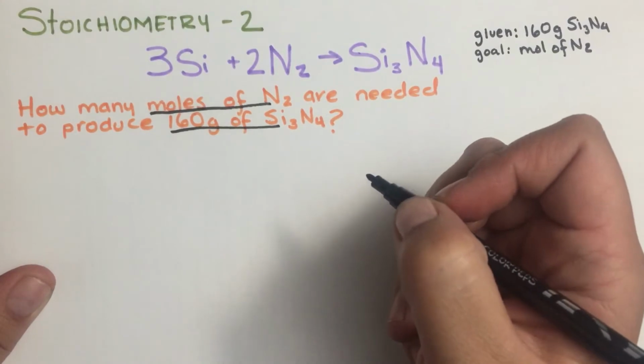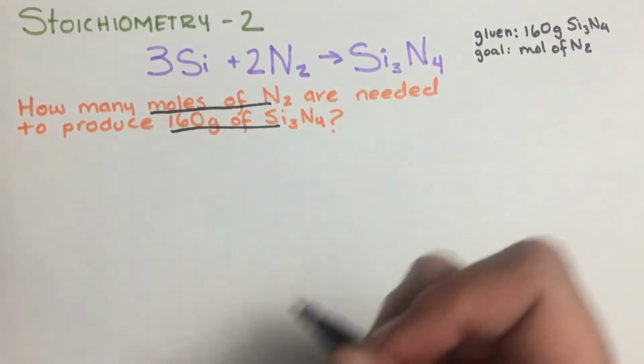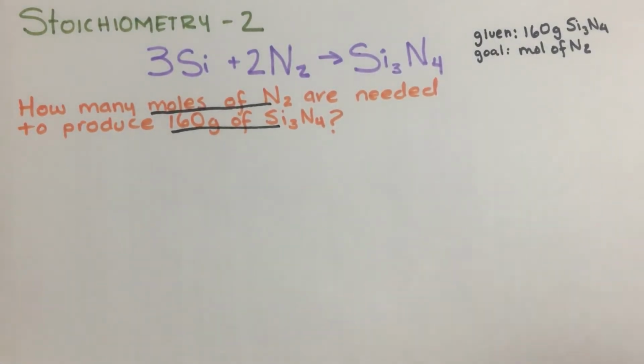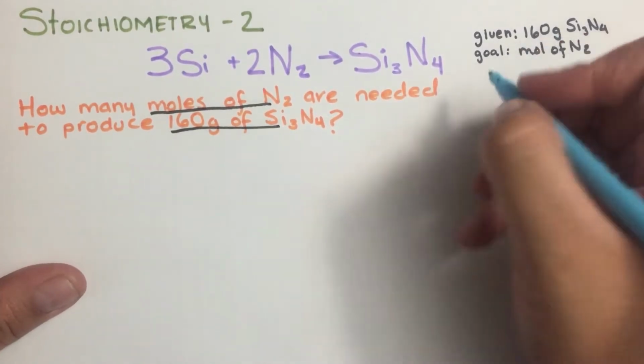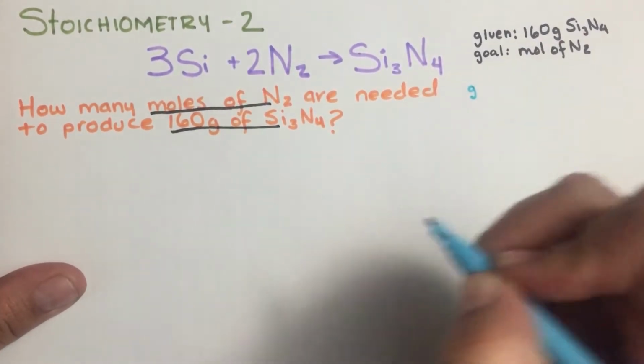So your first step will always be to go from grams of whatever you're given to moles. Okay, so let's set up the path here.